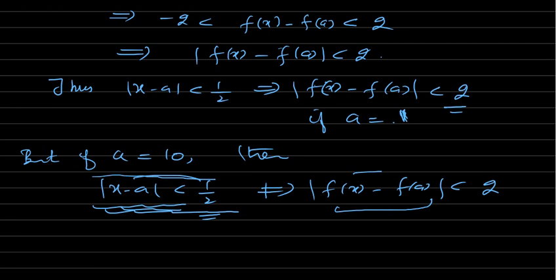So for this I have to first find this range actually. What's this range? A is 10 here, so I can find this range. We have mod of x minus a less than 1 by 2 implies mod of x minus 10 less than 1 by 2.